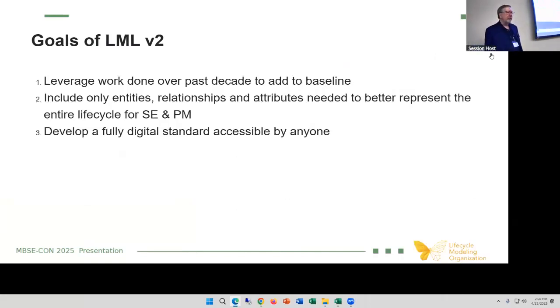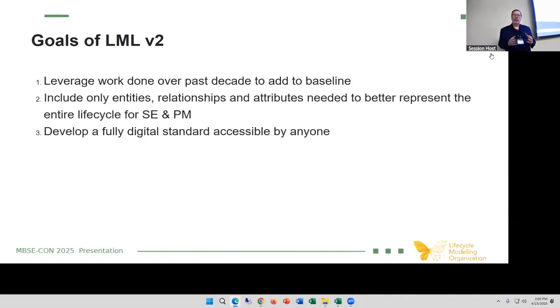So the goals of LML v2 were to leverage the work we had done in the past decade, add it to the baseline, and determine what was appropriate to add. One of the design constraints and concepts we've had with LML is to make it as simple as possible, but able to do what we need across all systems engineering and program management. What we want is an elegant language, not a simple language.